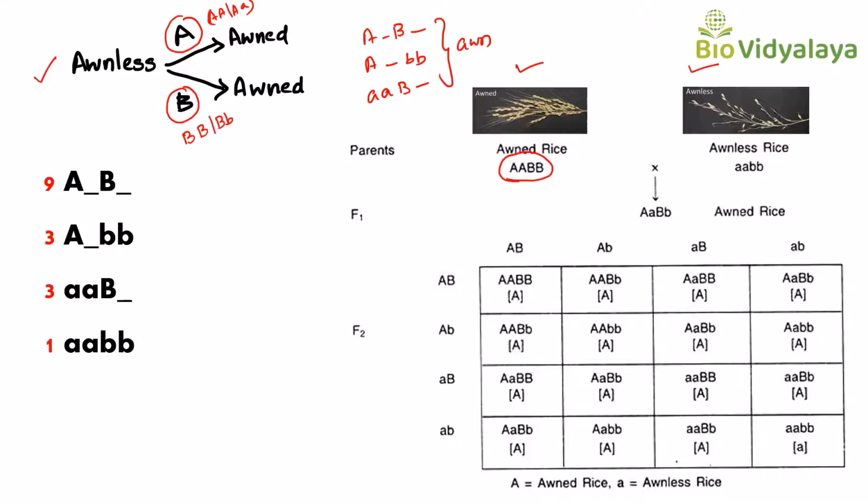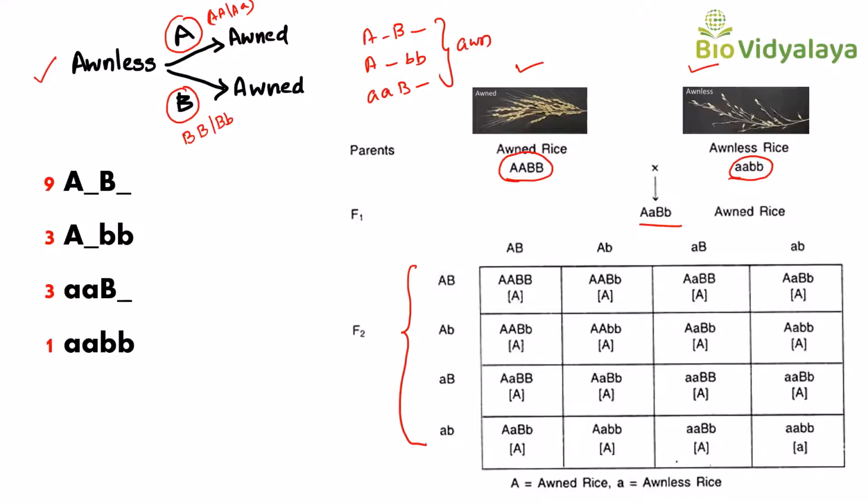Here none of the alleles is dominant, so this is awnless rice. And the F1 hybrid is capital A, small a, capital B, small b. This is awned rice because a dominant allele is present. After that, this F1 hybrid is self-crossed. This is the F2 generation, and the ratio of awned to awnless plants is 15:1.